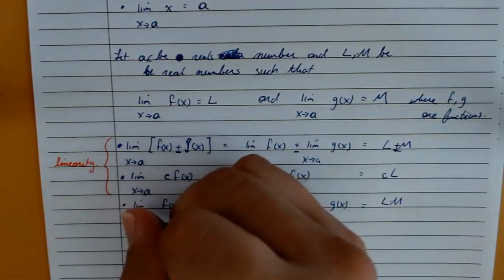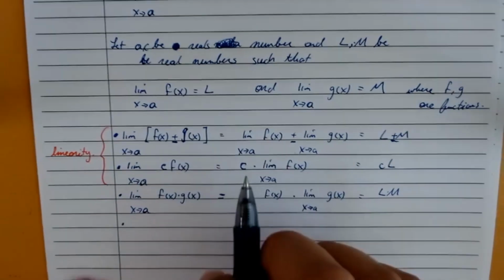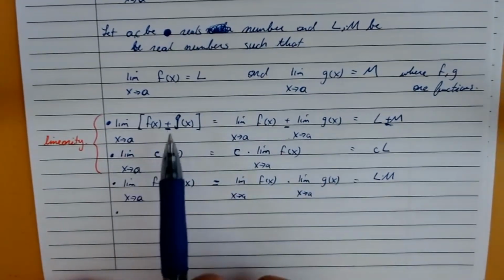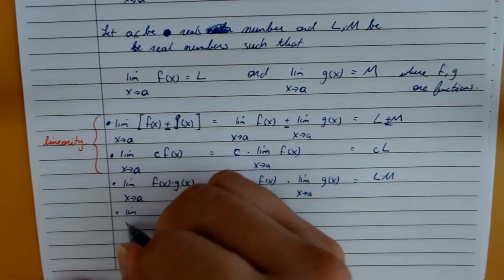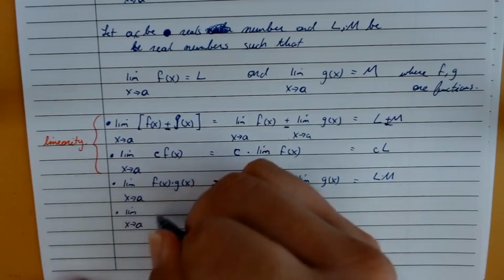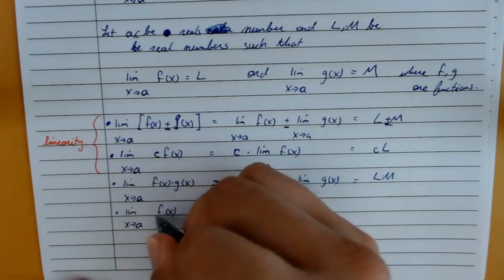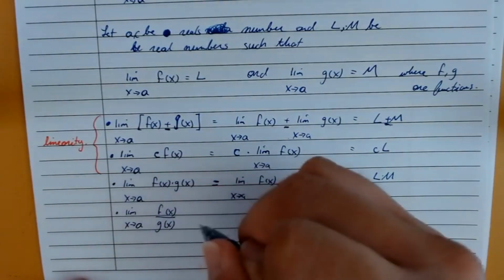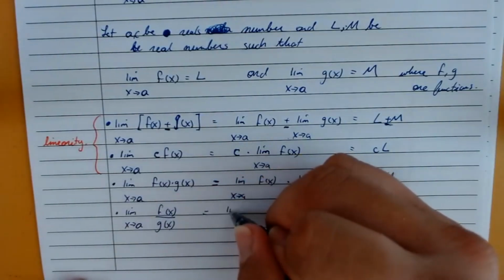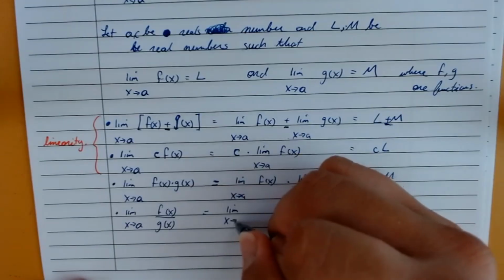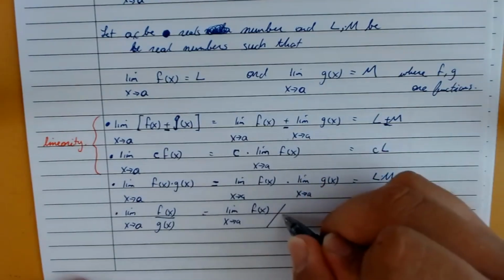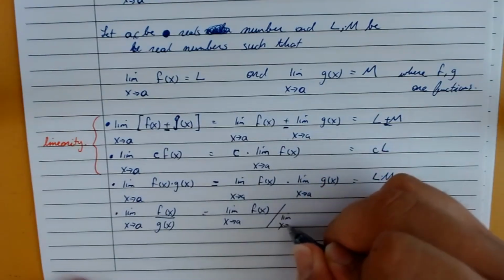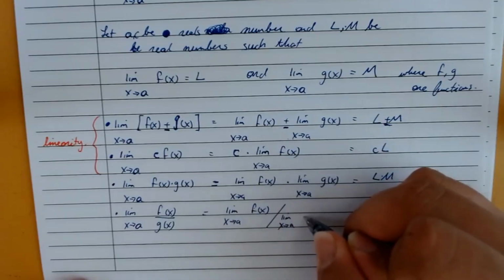The fourth property, you at this point have probably guessed what the next one is, right? We have addition, subtraction, multiplication, division. And yes, it's true for division as well. If you take the limit as x approaches a of f of x over g of x, that's the same as if you take the limit as x approaches a of f of x divided by the limit as x approaches a of g of x.